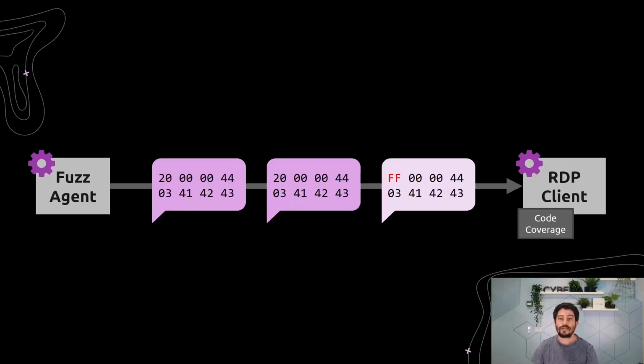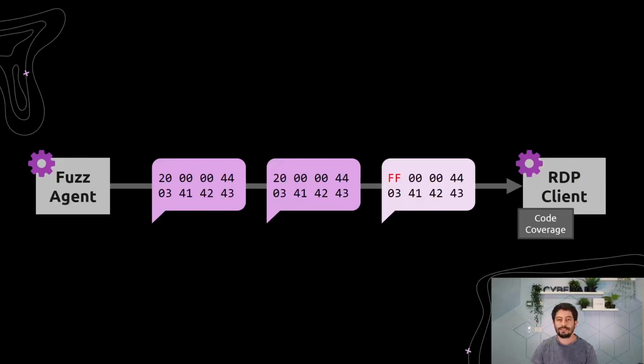But in order for coverage-guided fuzzing to work, we must maintain a one-to-one correspondence between the inputs the fuzzer generated and the code paths that they triggered. And to achieve that, we developed this background fuzzing, essentially differentiating our messages from the regular messages. And the way we did it is by adding a marker.